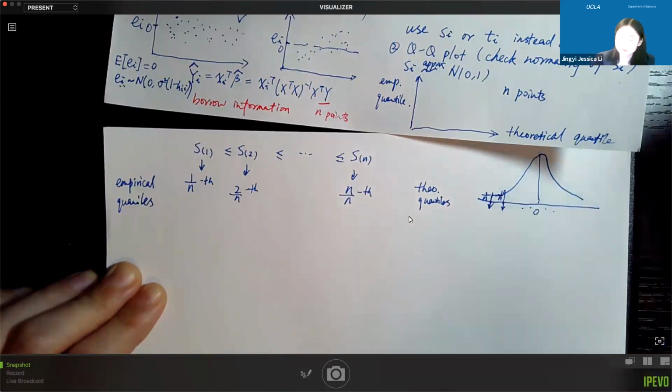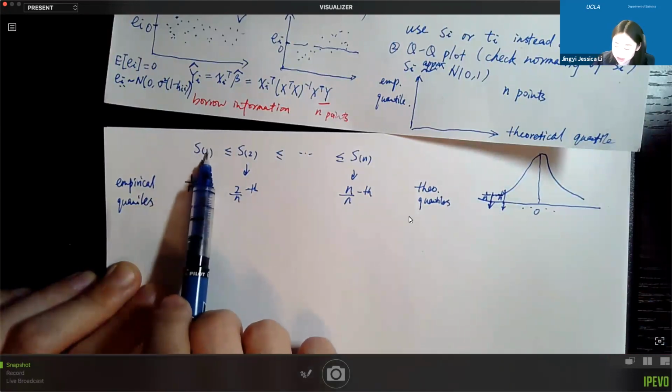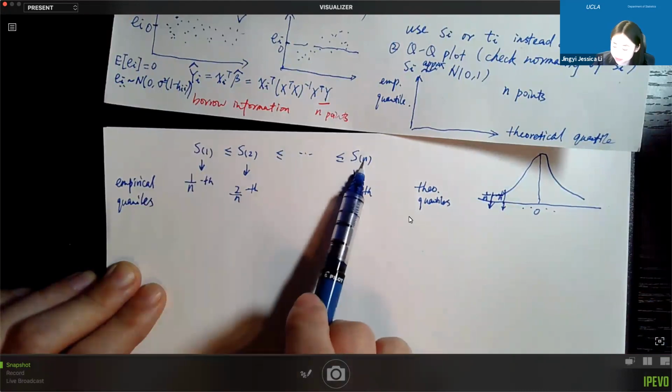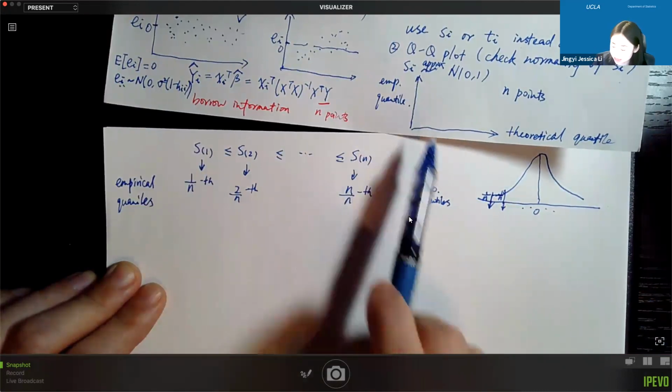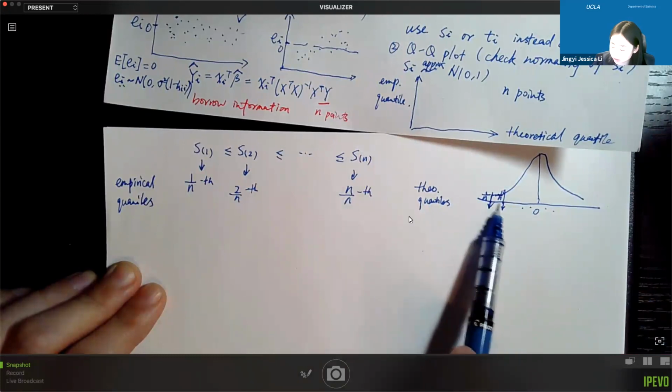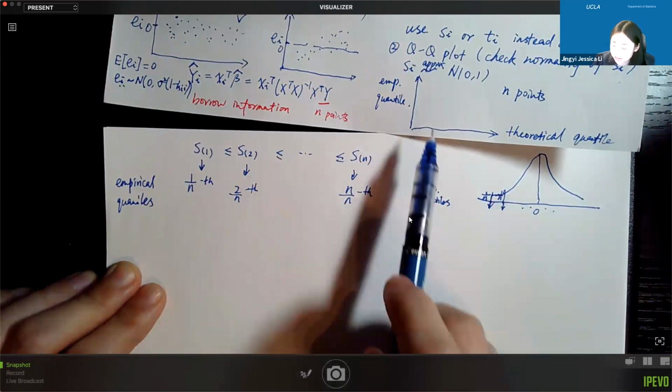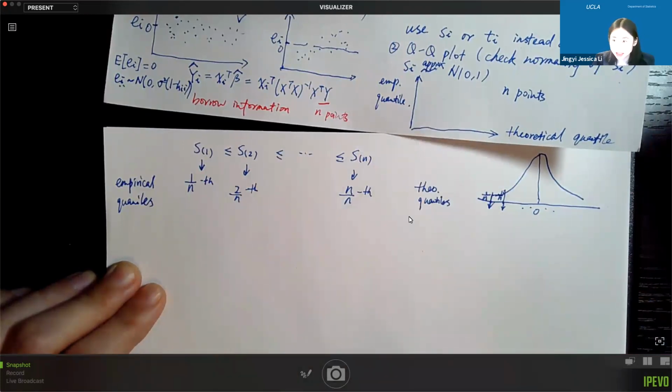So these will give me the corresponding theoretical quantiles. Then what I will do is plot S1 to Sn on the y-axis and the corresponding theoretical quantile values on the x-axis. That's the QQ plot. And I'm trying to make it simple to start with so we understand the concept.